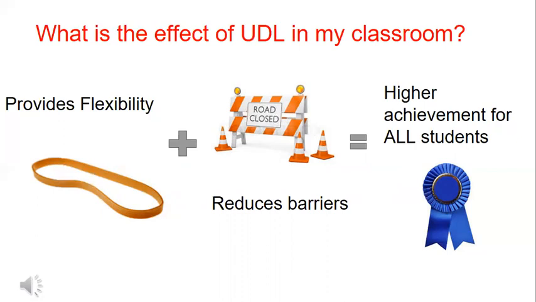Sometimes when we're planning our lesson, we inadvertently create barriers as part of the lesson. And if you're following the Universal Design for Learning principles, it really reduces those barriers. And when you add flexibility and reduction of barriers together, you get higher achievement for all students. And that is really our goal.